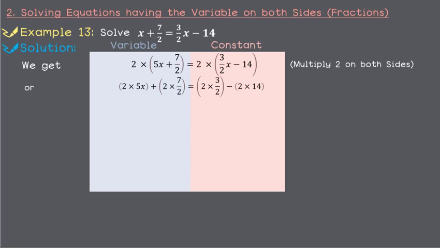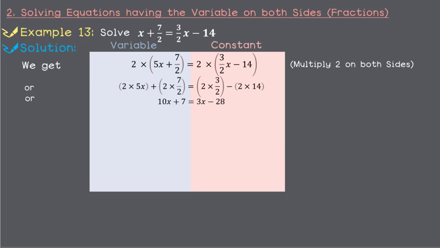2 times 5x plus 2 times 7/2 is equal to 2 times 3x/2 minus 2 times 14. Next step, 2 times 5x is 10x, and plus 2 times 7/2. That is pretty easy.